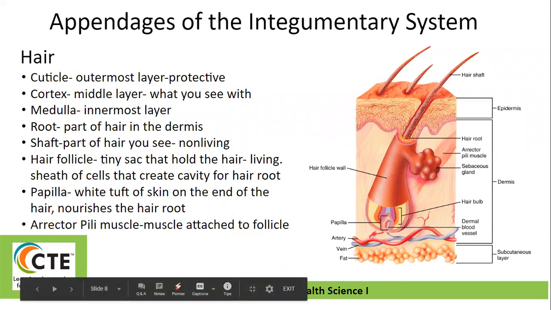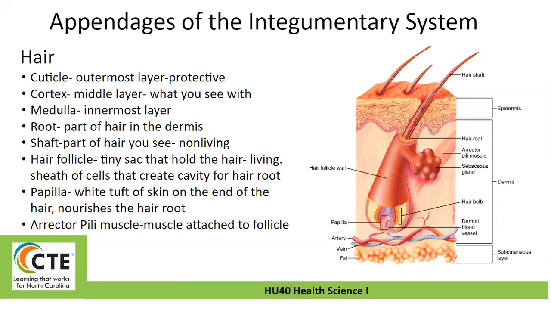It's a white tuft of tissue, and what it does is it nourishes the hair itself, because our hair is alive up to a certain point, and then it's dead. So all of this that we see is dead hair. Some of it, as it grows longer, which is why we need to cut our hair often, starts to split. That's just what dead hair does.